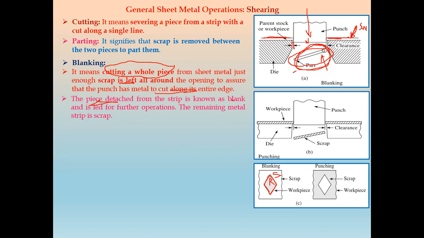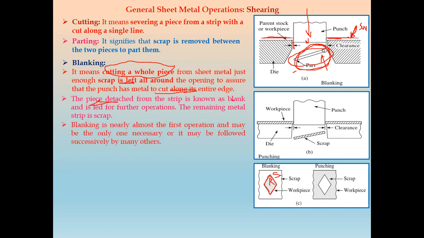Now, blanking is almost always the first operation, and maybe only one is necessary, or it may be followed successively by many other operations. So it is the first operation that can be done in sheet metal working, and on that blank workpiece we can do other operations.